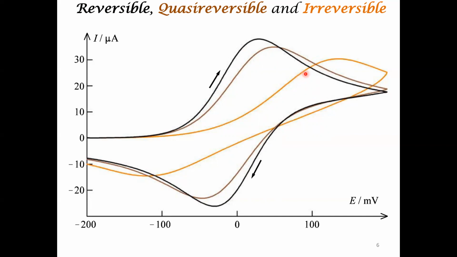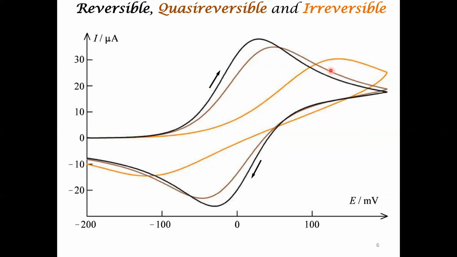What do we mean by that? Supposing you have oxidized a species. Okay, so the reduced species R has been oxidized to O. So you do observe a peak potential for the oxidation current. However, when you go in the cathodic direction, it is no longer possible to reduce the species O. Once the species O has been formed, the backward reaction, O getting reduced to R, is suppressed.